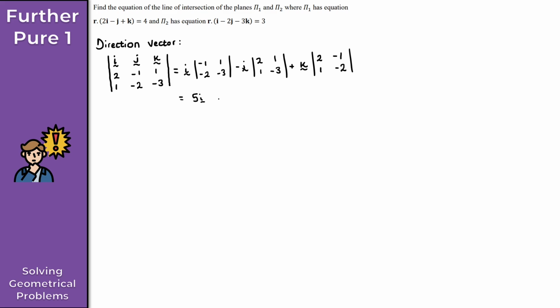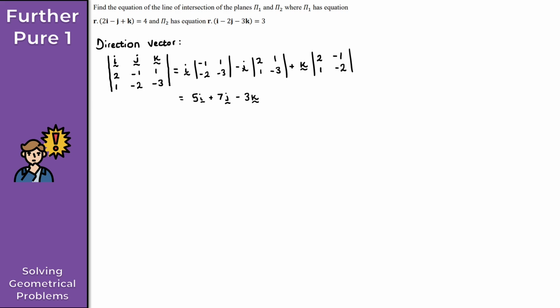Times that by -j, we get plus 7j. And finally we have 2 times -2, so that's -4, minus -1, so -4 plus 1, which gives me -3. So I get -3k. This then is the direction vector.